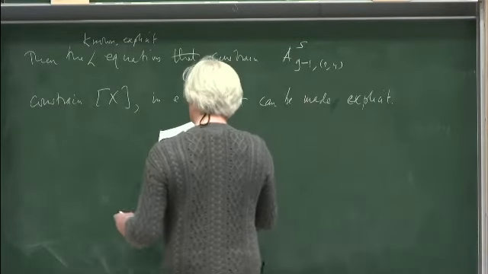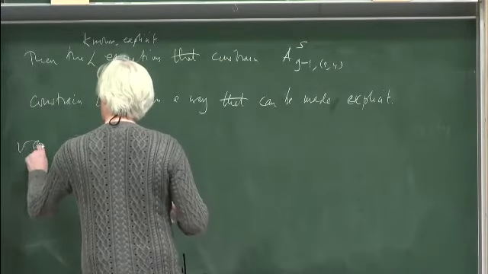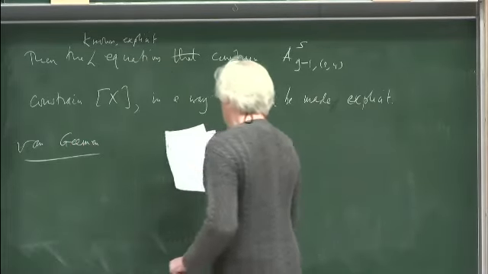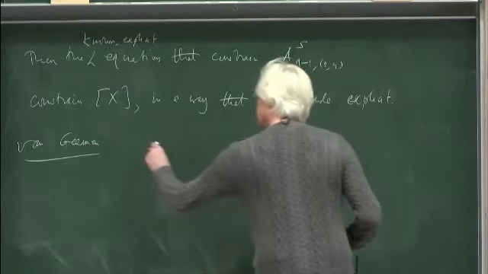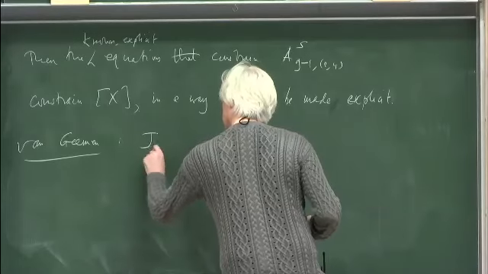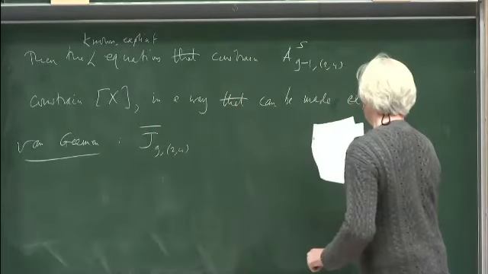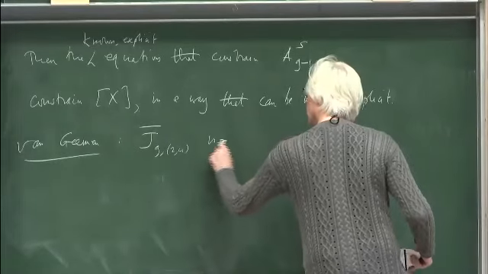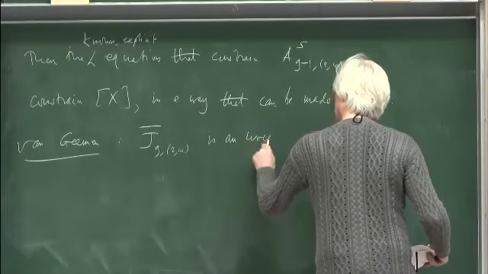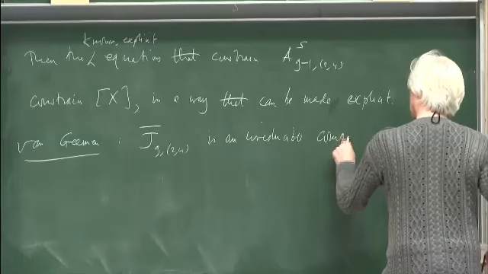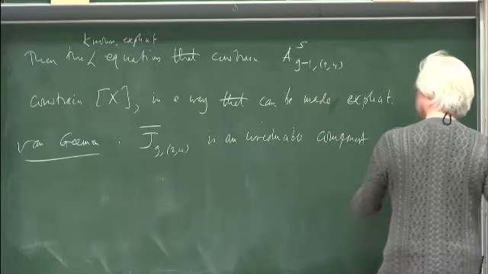Okay. So what Van Geemen did, he showed that the Jacobian locus at level 2, 4 is an irreducible component of the locus defined by these equations.